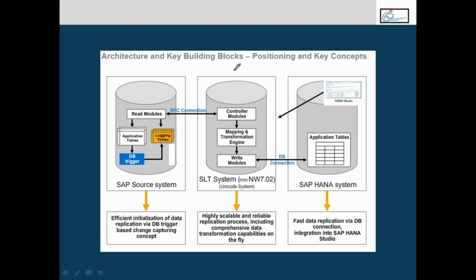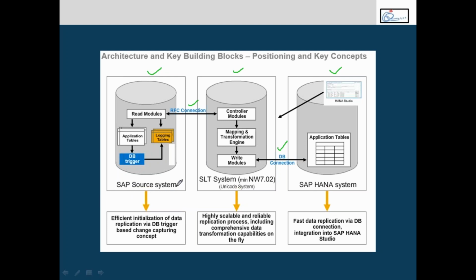Let's say I have the SLT server here, I have the SAP source, and I have the HANA database. Once you configure the SLT server using the RFC connection and the DB connection, how does it actually extract the data? We're discussing that SLT will mainly have the read engine, write engine, and mapping engine.